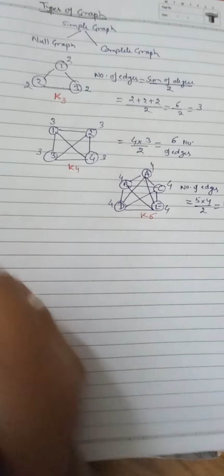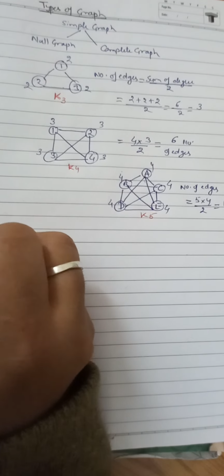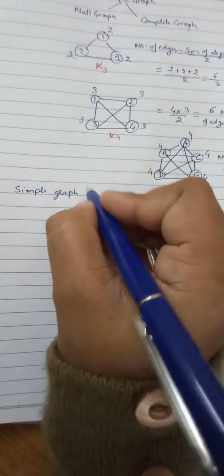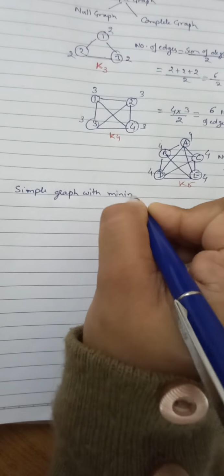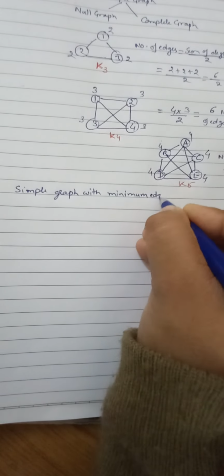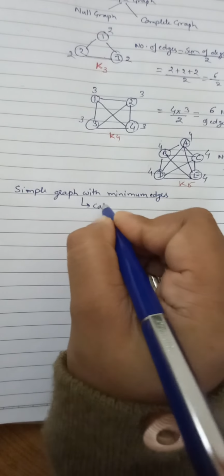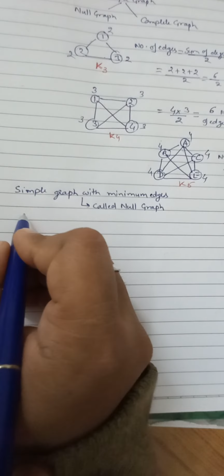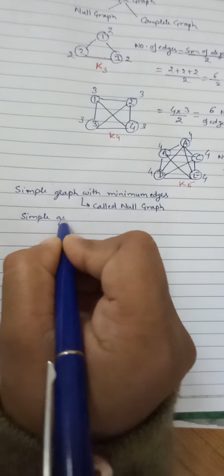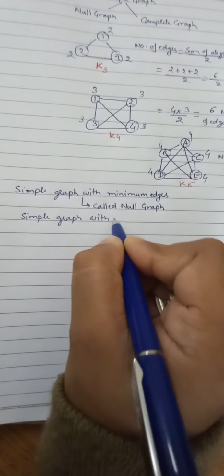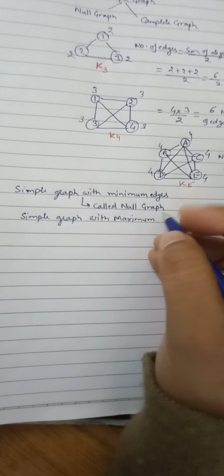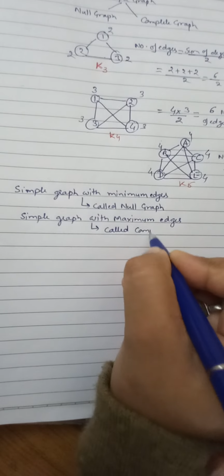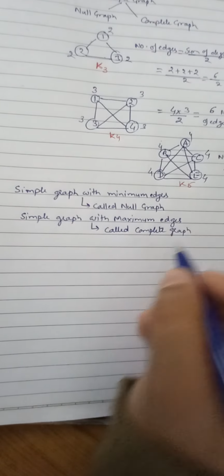So by this we can reach the result that a simple graph with minimum edges is called a null graph, but a simple graph with maximum edges is called a complete graph.